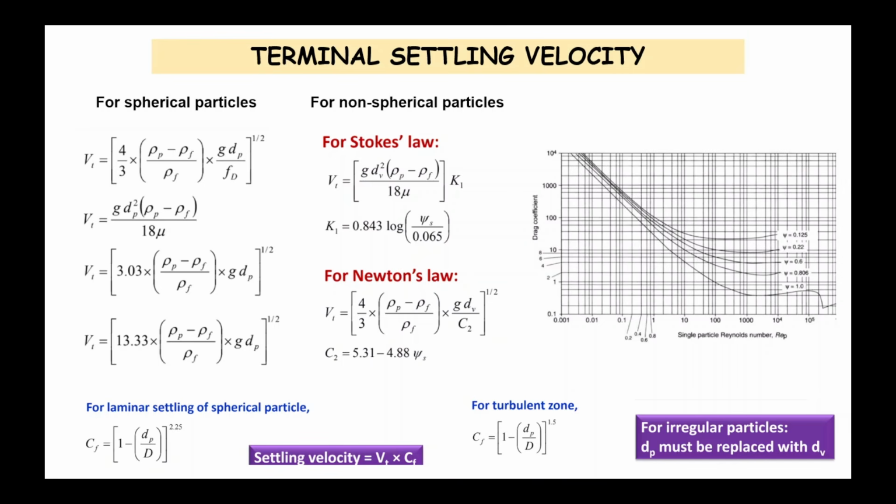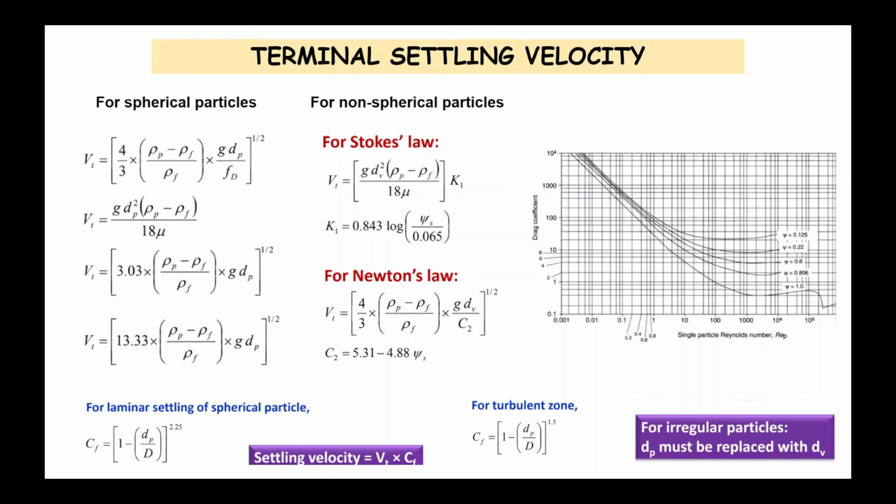And then you will have an extra k1 factor, which is represented as 0.843 log phi s by 0.065. So depending upon the value of phi s and Reynolds number, you can actually calculate the value of drag coefficient through the graph as well.